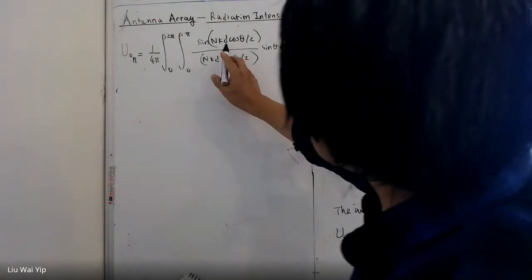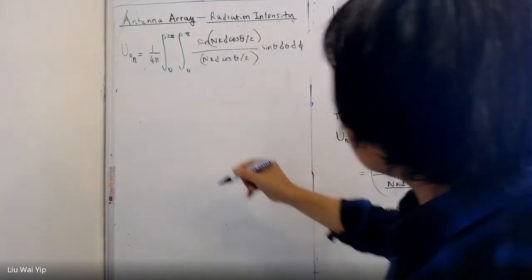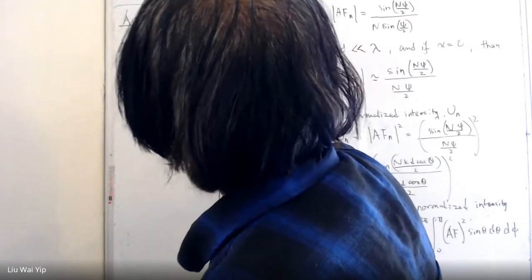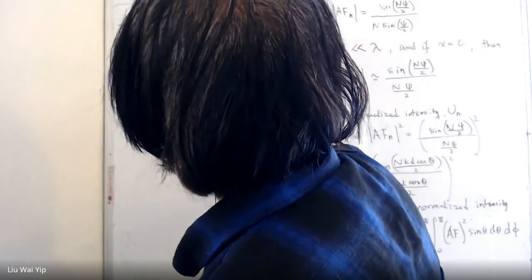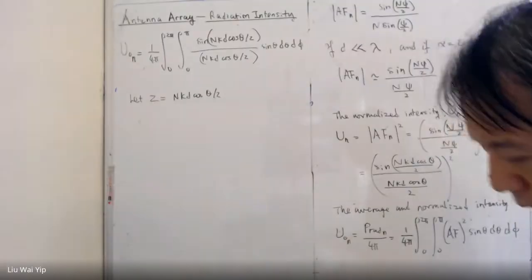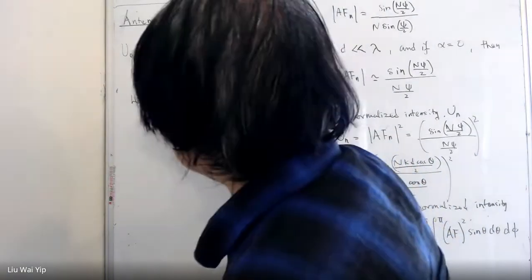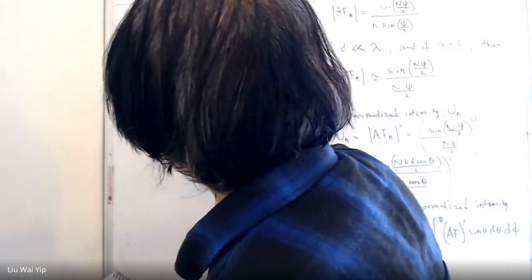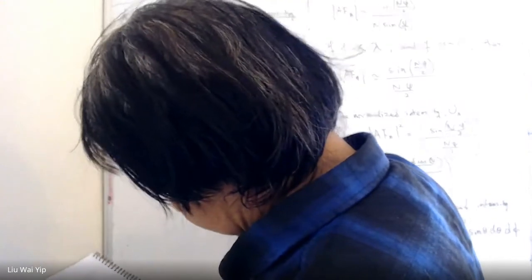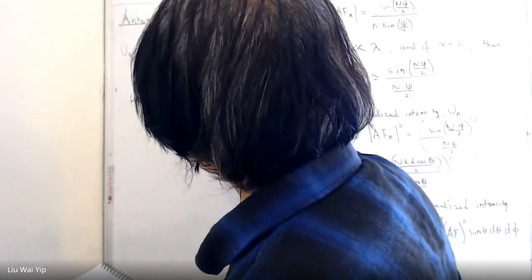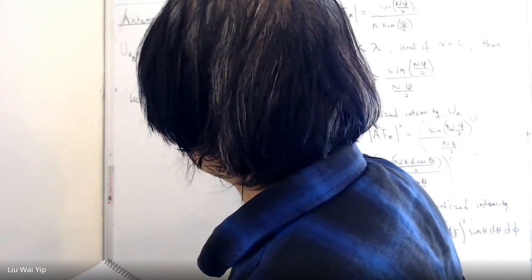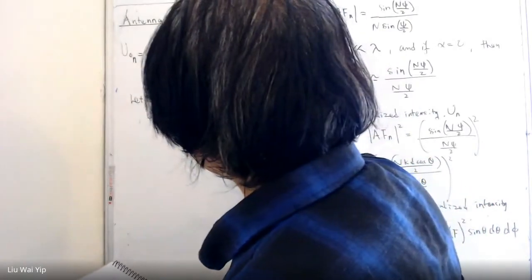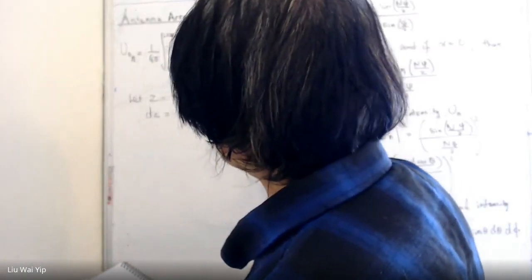Let's assume this value as z. So let z be this value. And according to here, dz is equal to minus n divided by 2 k d sine theta d theta.